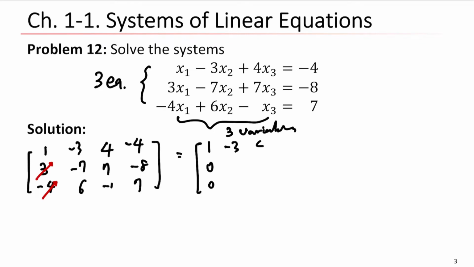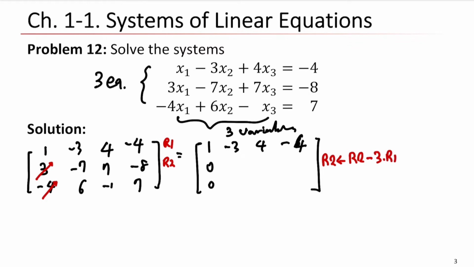How can we do that? Let's say this is row 1 and row 2. We replace the original row 2 by row 2 minus 3 times row 1, right?